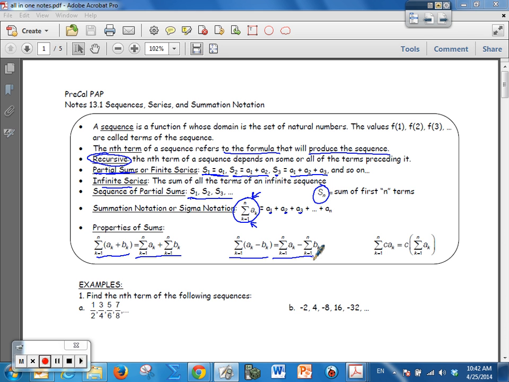And the only other thing that you're allowed to do is to pull a constant, C stands for a constant, pull that outside the sum. That's the only other thing. It's pretty restrictive. Unlike the limit laws, if you remember we went over limit laws, or we will be going over limit laws, and you pretty much can do just about anything with limits. You can't with summations, just these three things.